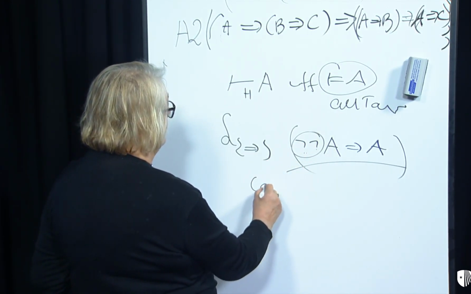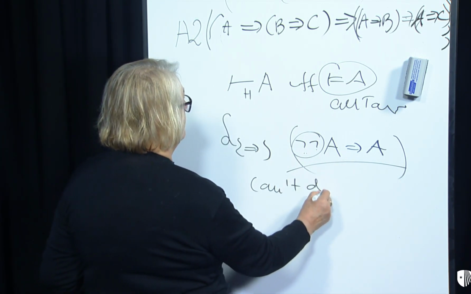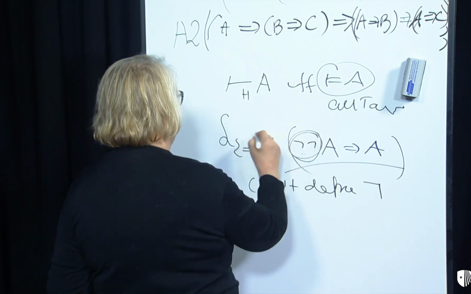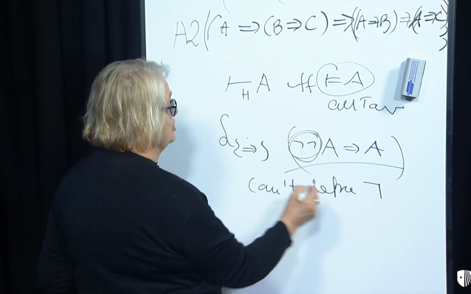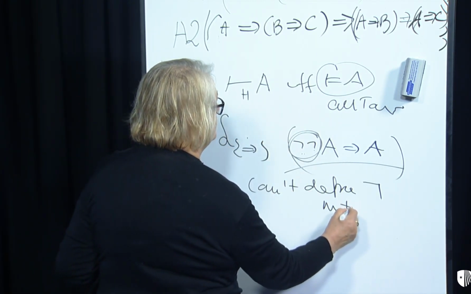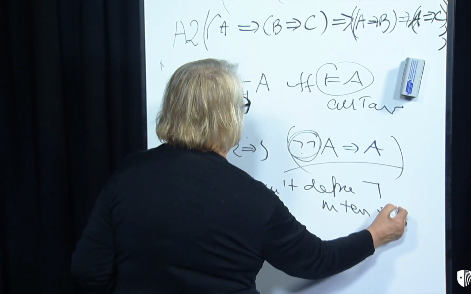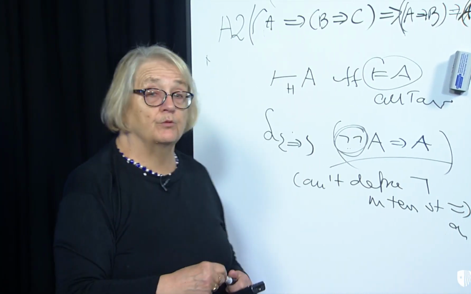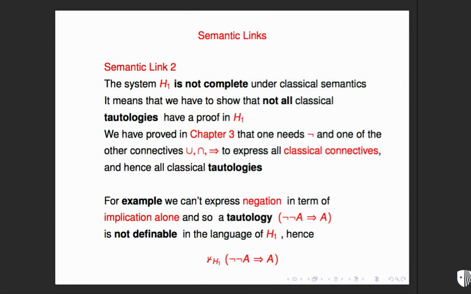You can't define negation. This negation is not in the language in terms of implication alone. And that's what we proved before. So you cannot have all tautologies, because not all tautologies can be expressed in that language.